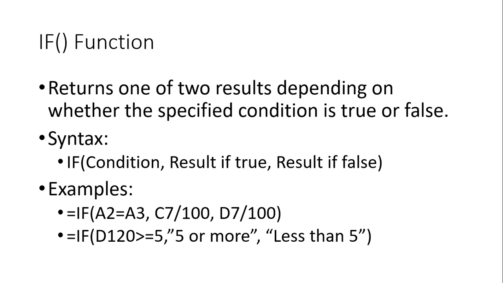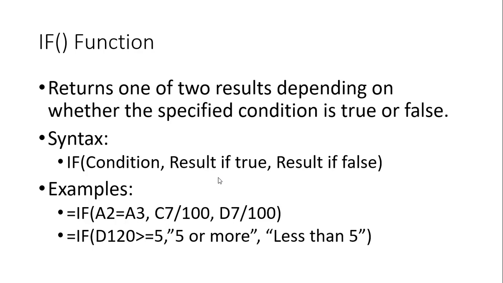Now the syntax of the function looks like this. Here are the arguments that we use. We start with the first argument, which is the condition that is to be evaluated. Now remember, we separate arguments with commas. So if that condition turns out to be true, we return the result if true. That result can be anything.